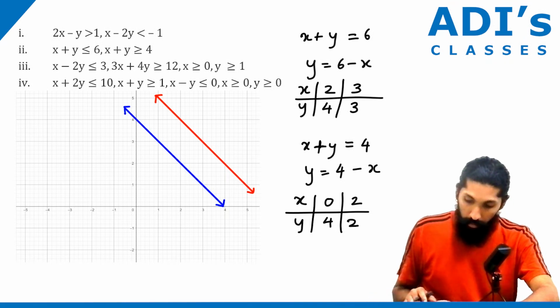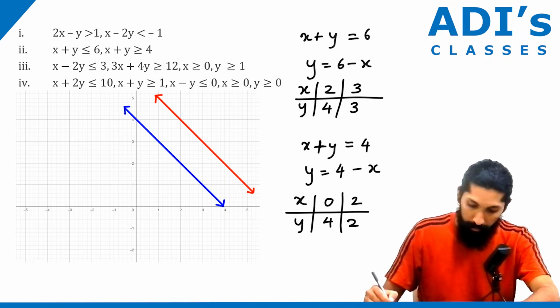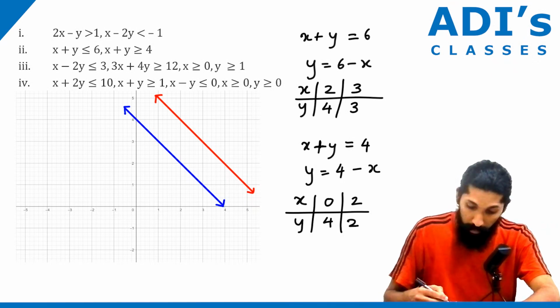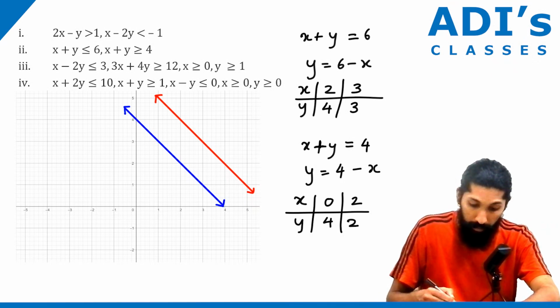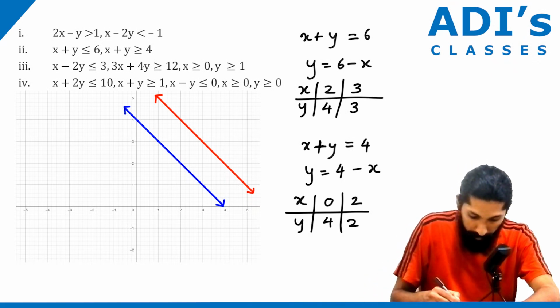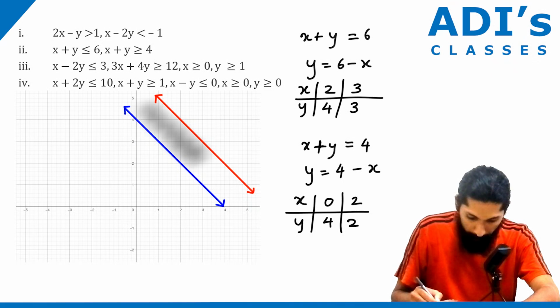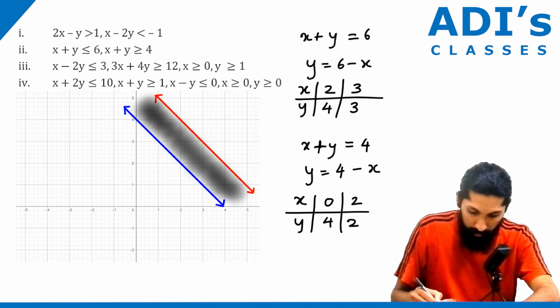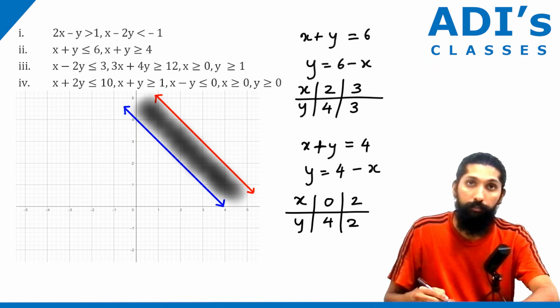Okay, now look at this one. So what we are looking at is that x plus y less than or equal to 6. Correct? So for the first one it's lesser than, and for the next one it's greater than. That means we are going to get a region which is in between. See this region? What we are looking at, this is going to be the value.